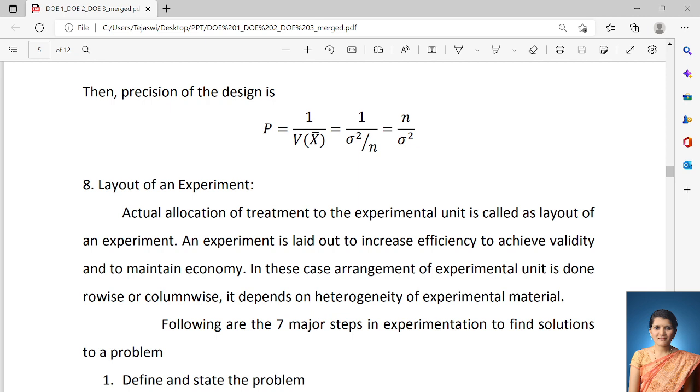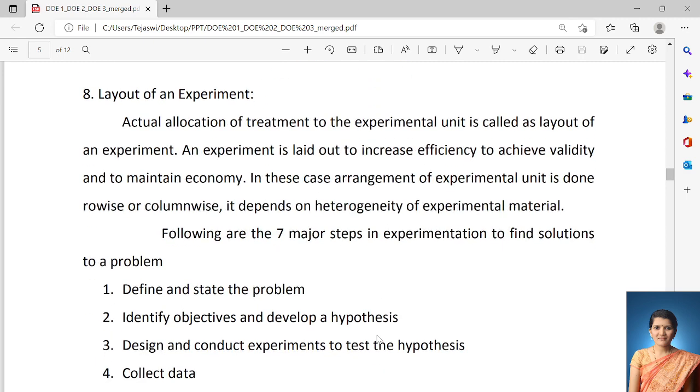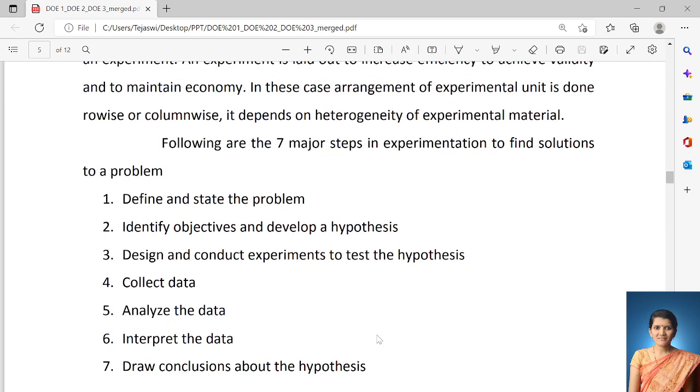All three factors are important. In this case, the arrangement of experimental units is done row wise or column wise, depending on the heterogeneity of the experimental material. The following 7 steps are involved in experimentation to find the solution, and we discuss them one by one.